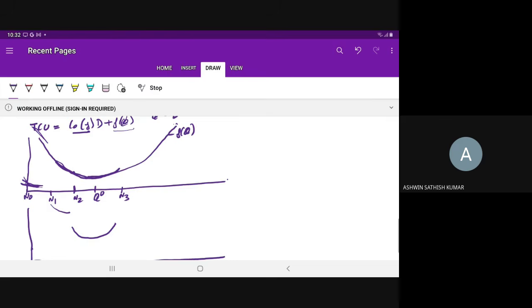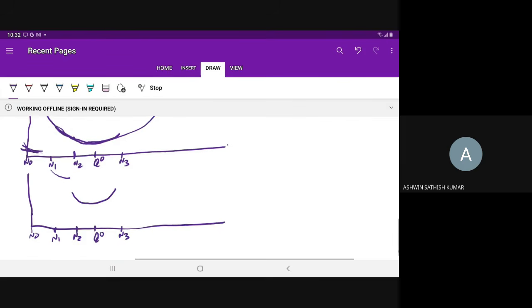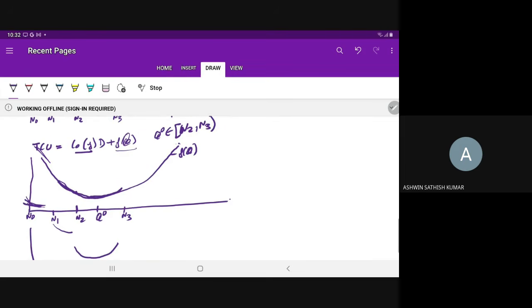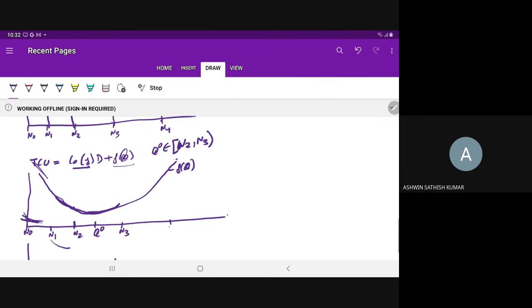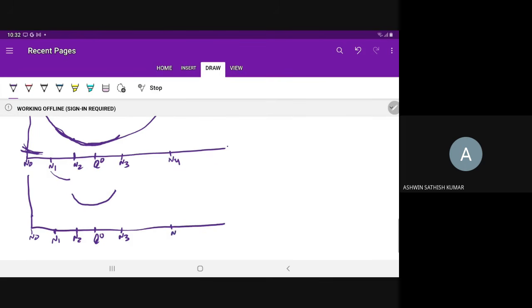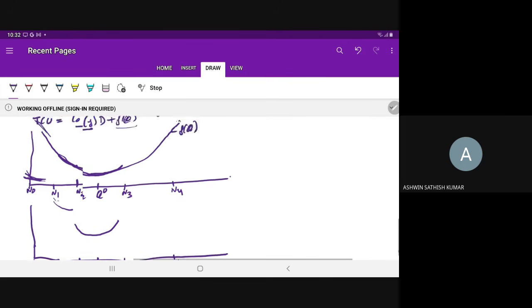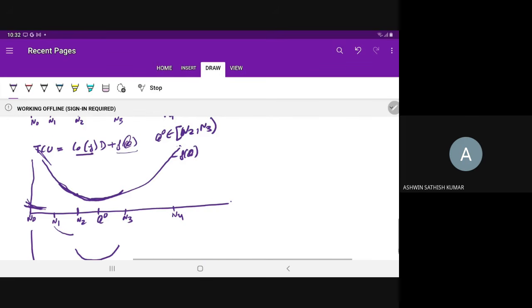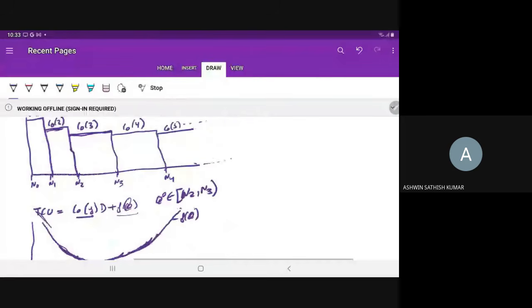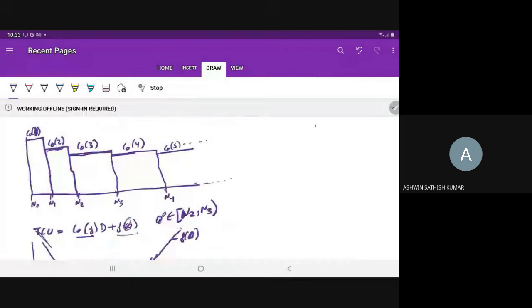Now when we have the graph from N3 to N4, what will be the shape? Here the shape of FQ is increasing, and the C4 is constant.